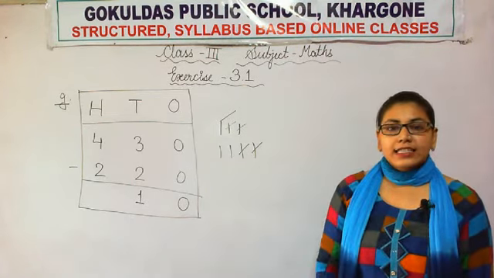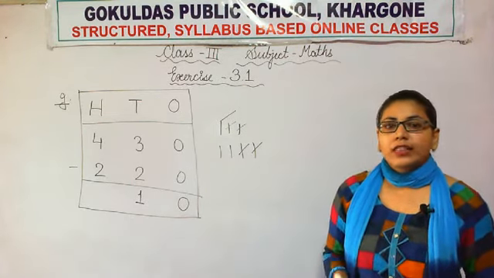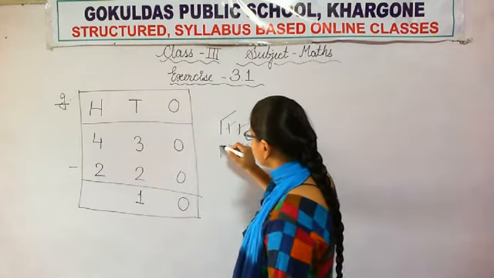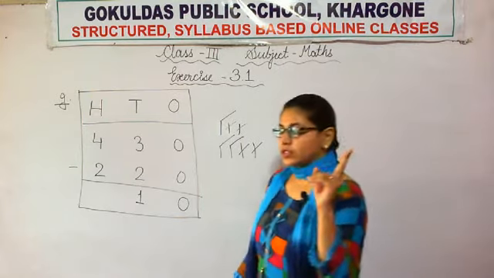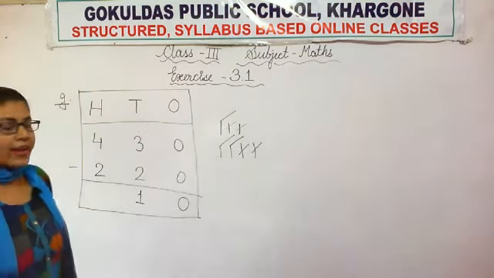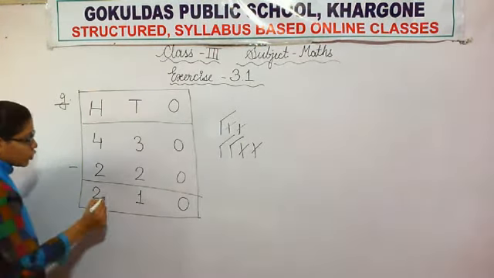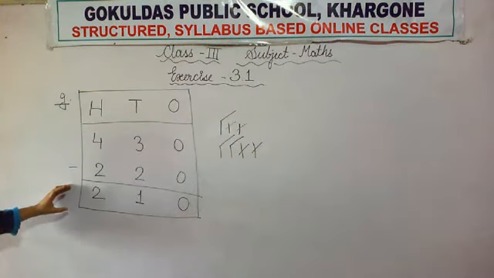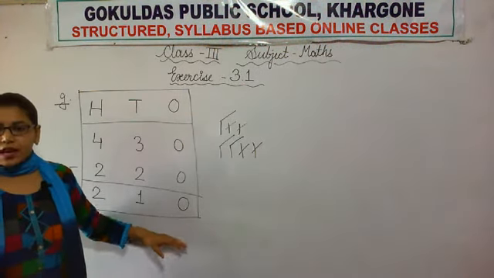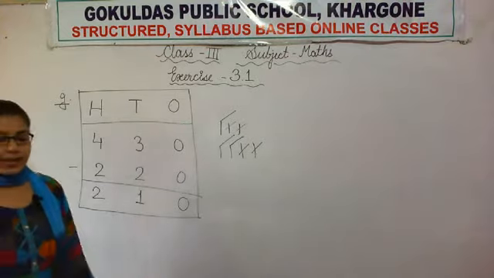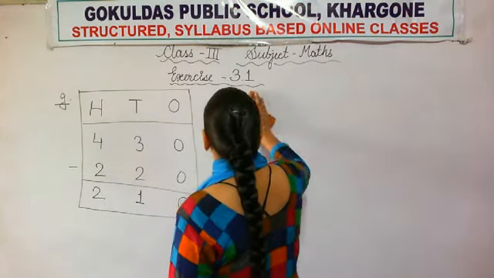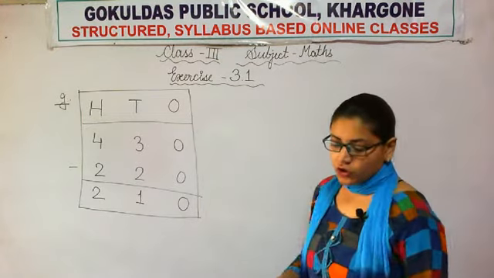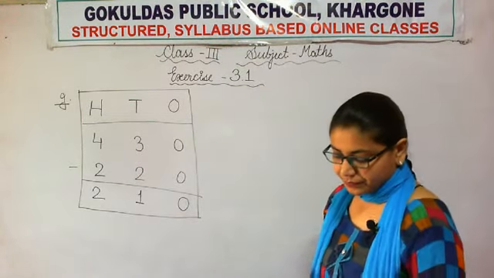Now we will count the remaining sticks. 1, 2. 2 sticks are left. It means we will write the number 2. So, our difference is 210. The drawing of sticks is our rough work, so no need to show it in fair work.